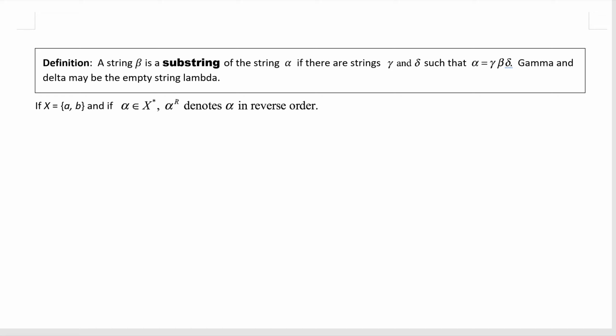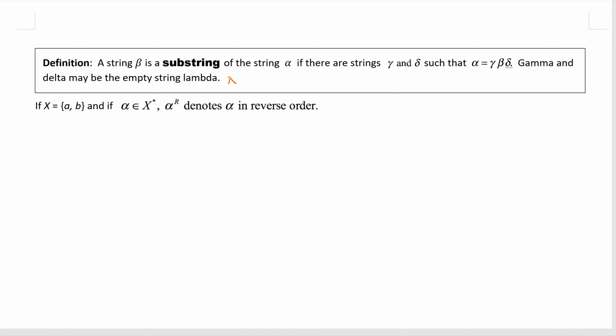Gamma and delta may be the empty string lambda. If x equals AB and alpha is a string, alpha to the R denotes alpha in the reverse order. What does that mean?